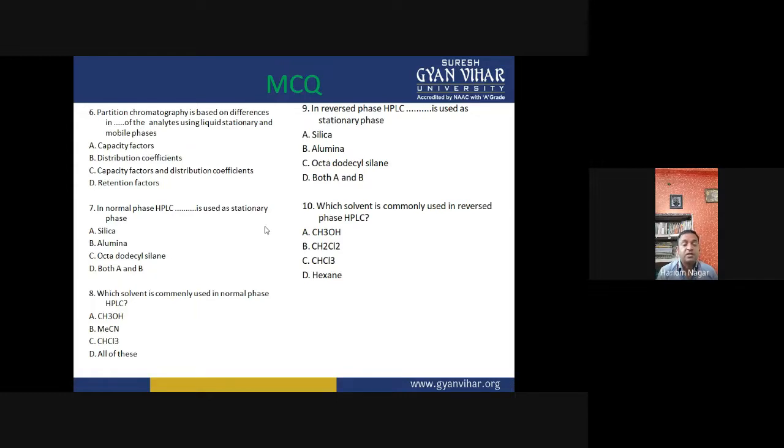Sorry, if we are talking about acyclic, straight-chain hexane, then it is C6H14, and if we are talking about cyclic, then it will be C6H12. So the more polar solvent here is methanol, and that is used.